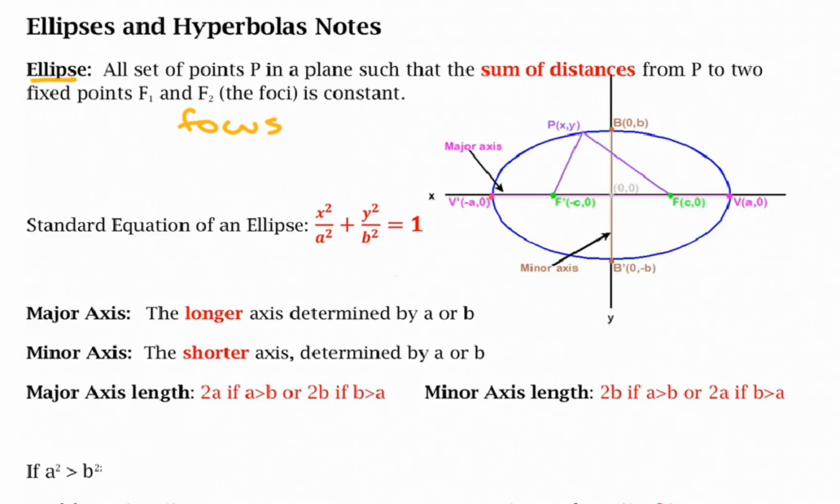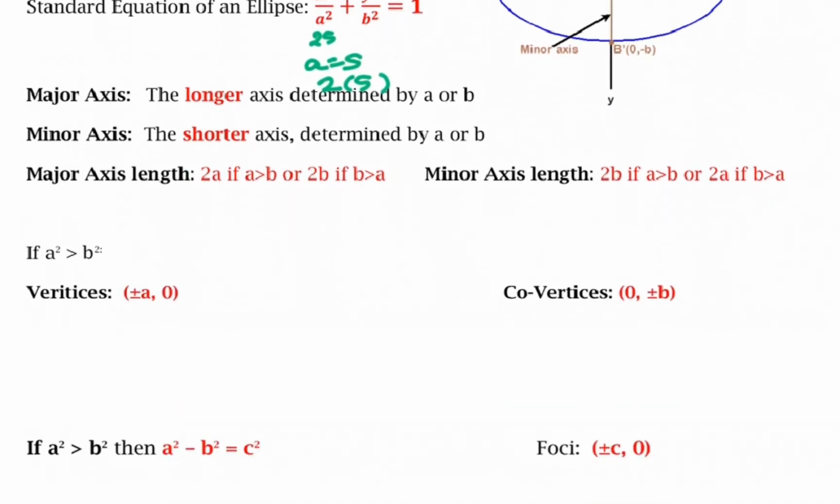The major axis length, so how long is this major axis? It's going to be 2 times whatever a is. If a squared was 25, that would mean a is 5, and 2 times 5 would be how long that axis is. Same thing for the minor axis. If a squared is greater than b squared, then our vertices, and I'm noticing I spelled that wrong, are going to be plus or minus a and then 0.